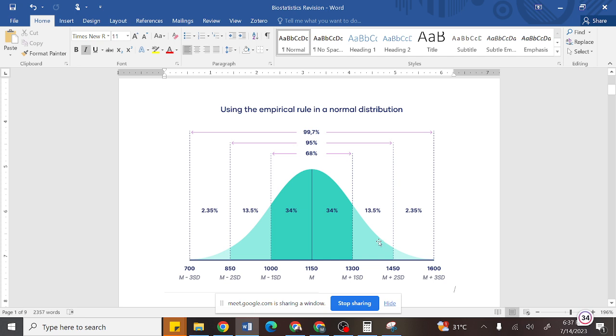The meaning of the bell curve is that you have most people around the mean. Now the distance from the mean is what we call standard deviation. So the distance from here is one standard deviation, the mean plus one standard deviation, and then the mean minus one standard deviation this side.